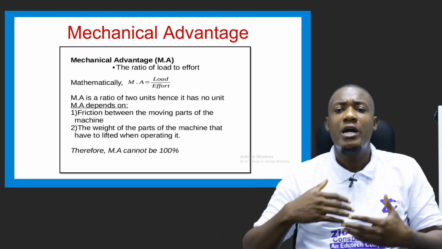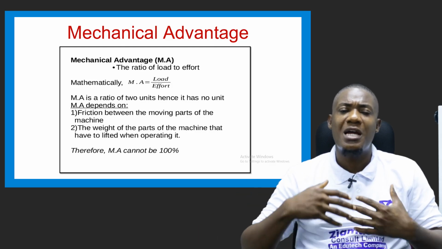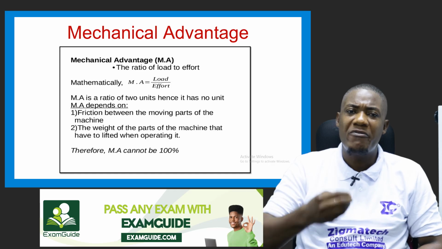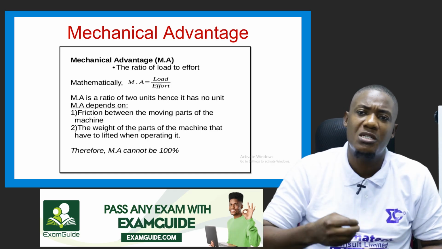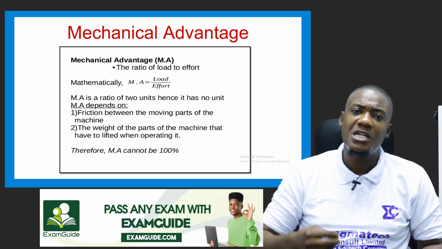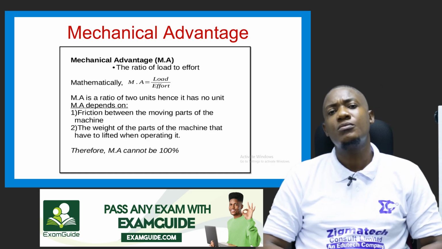So if you are using a machine to do your work, what is the advantage of using this machine? If a machine amplifies the effort you put into it, that means that the machine has an advantage.